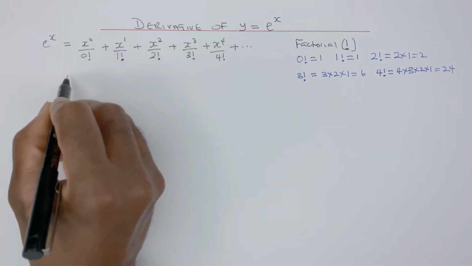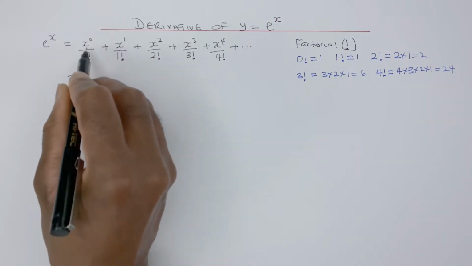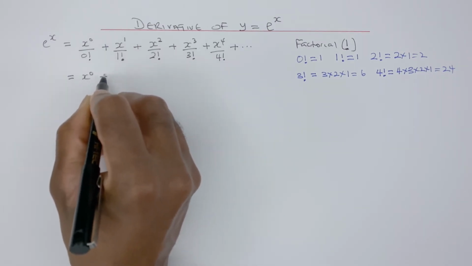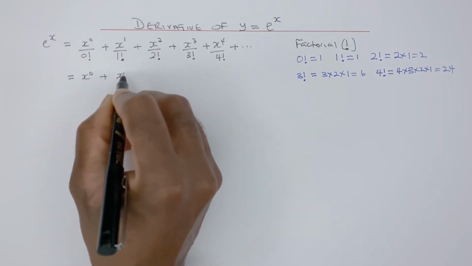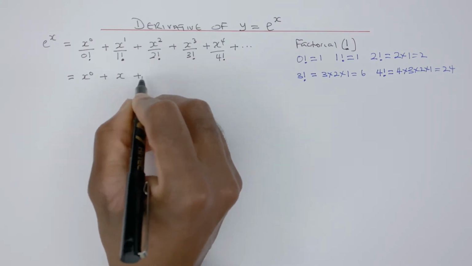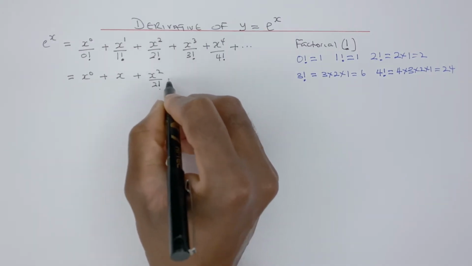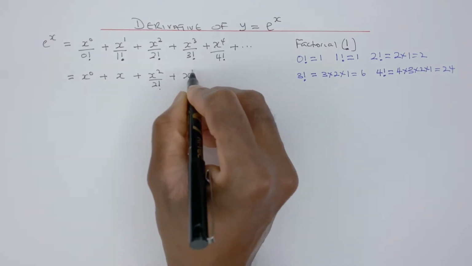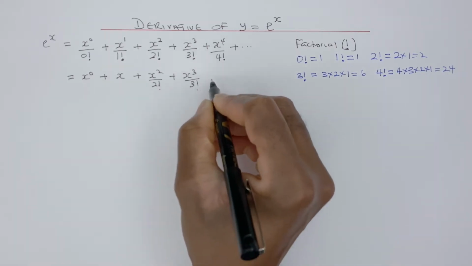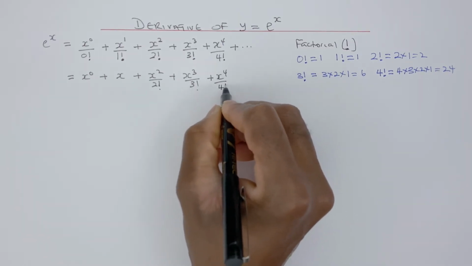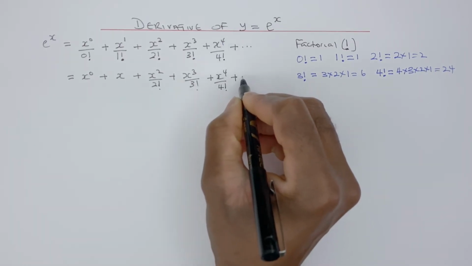If we simplify this, this is what we get. x to the power of 0 plus x to the power of 1 plus x squared over 2 factorial plus x cubed over 3 factorial plus x to the power of 4 over 4 factorial plus, and it goes on.